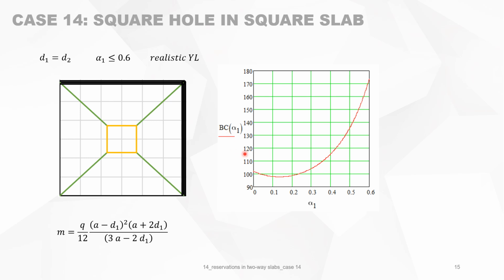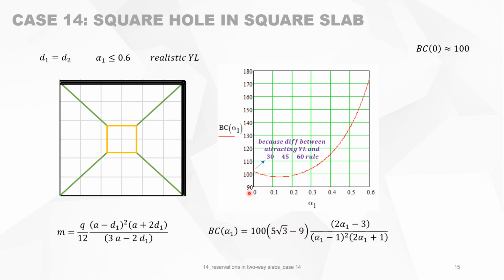The bearing capacity for alpha 1 equals 0, so without the hole, is not 100%. So we can think of it as a mistake. But it is not, because you have a difference where M0 is defined with the yield line 30, 45, 60 rule, and the red curve is calculated with attracting yield lines.